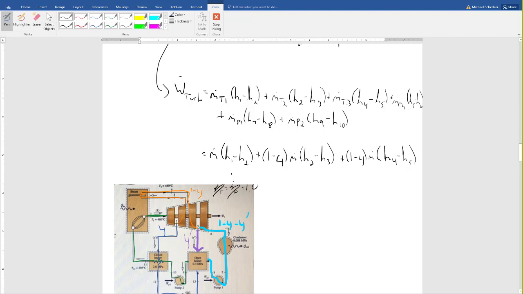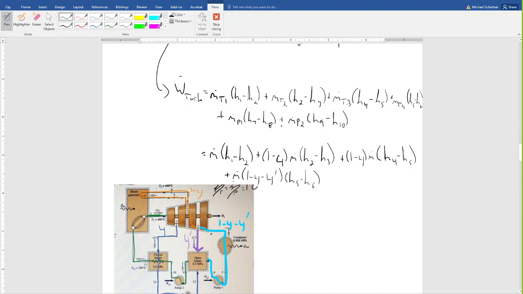Right, now my fourth turbine gets 1 minus y prime. So this is going to be m dot times 1 minus y prime times h5 minus h6.